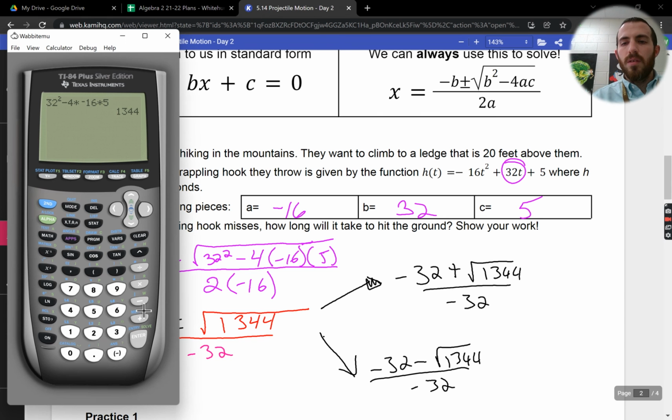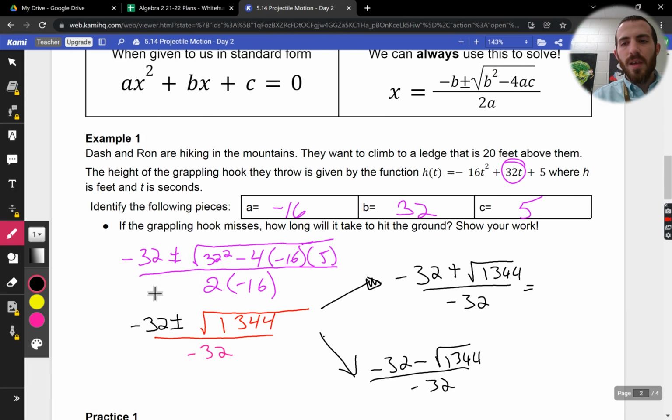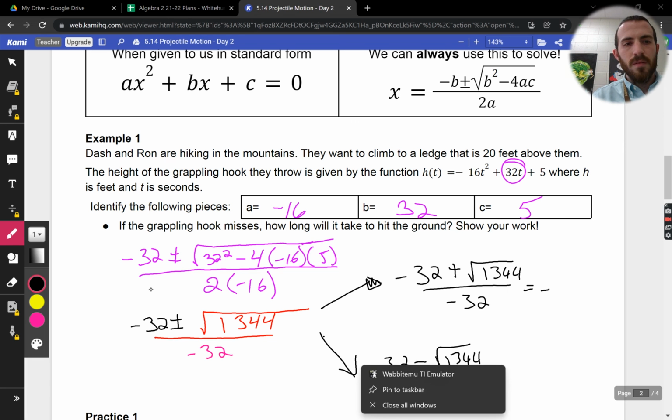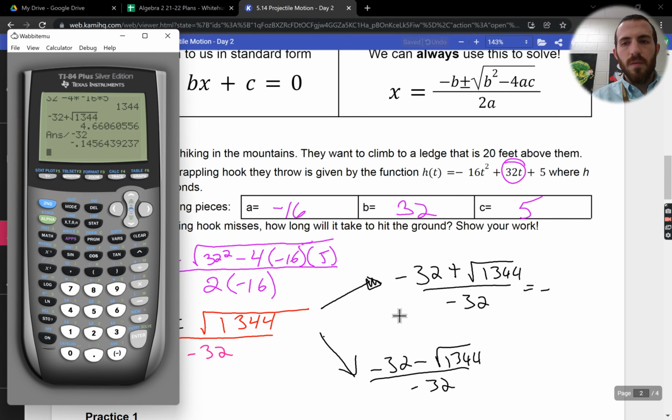So we're going to do this first. In the calculator, I'll do the plus one first. So we do negative 32 plus the square root of 1344. We then have to divide it by negative 32. So this answer is negative 0.15.